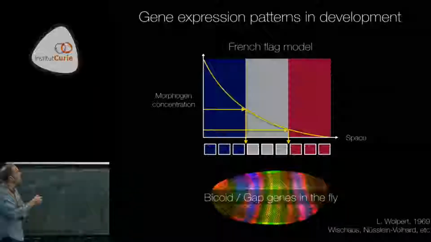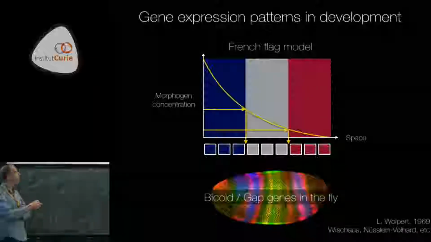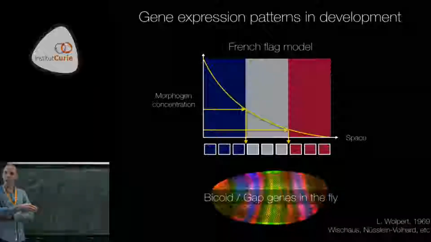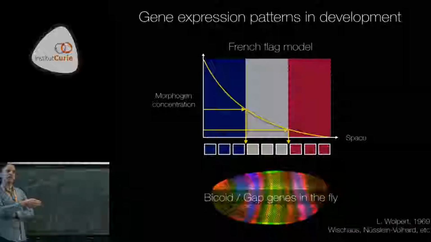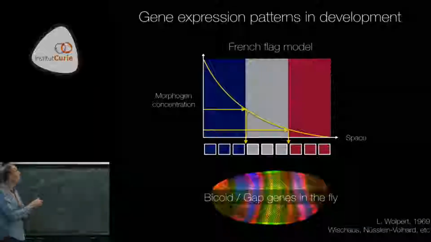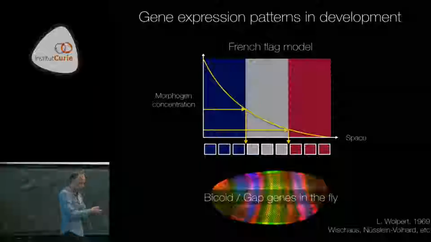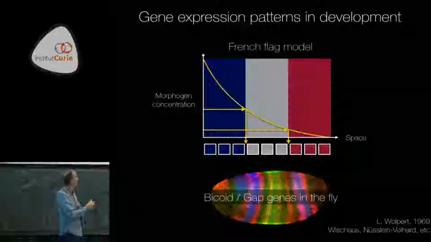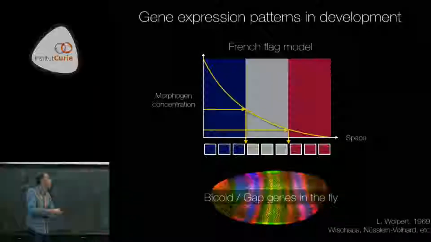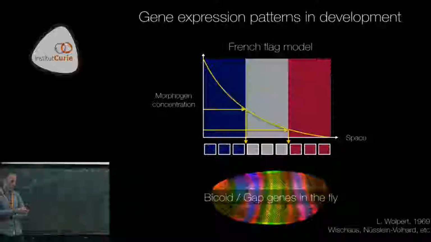So there you get an exponentially decaying gradient of the morphogen. The cells in the tissue then just read out absolute concentration and make cell fate decisions in response to the local concentration of the gradient that they measure. Most famous example of such a type of system perhaps is the bicoid gap system in the fly.